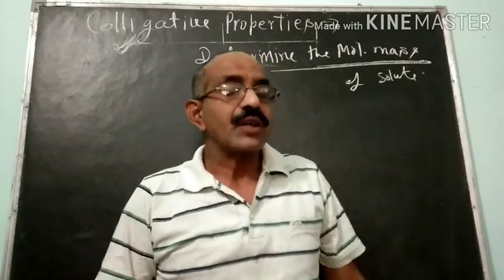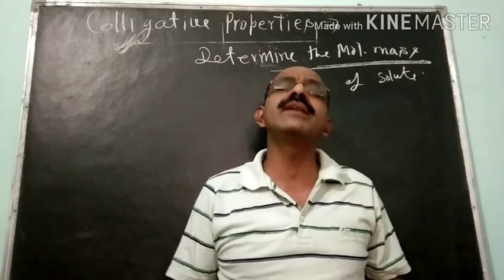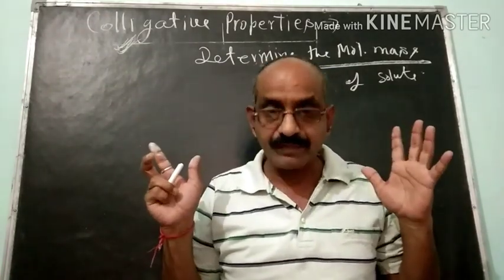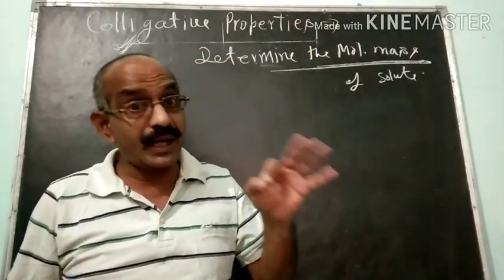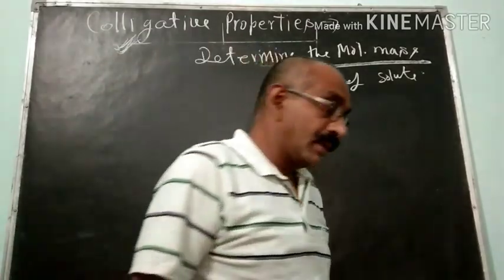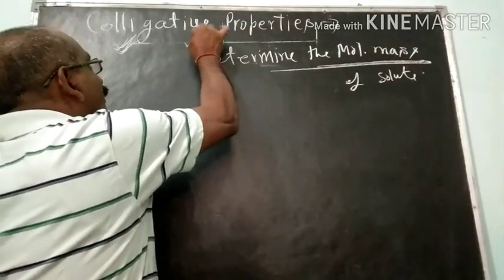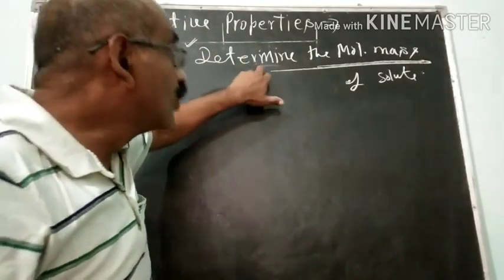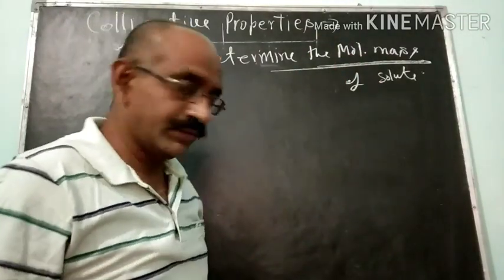Is it clear? So, what are colligative properties? Properties which depend only on the number of solute particles. They do not depend on the nature of the solute. And the most important application of the colligative property is that they are used to determine the molecular mass of the solute.